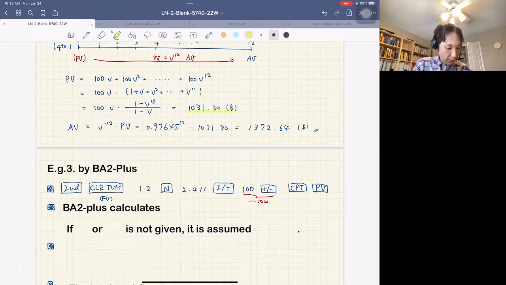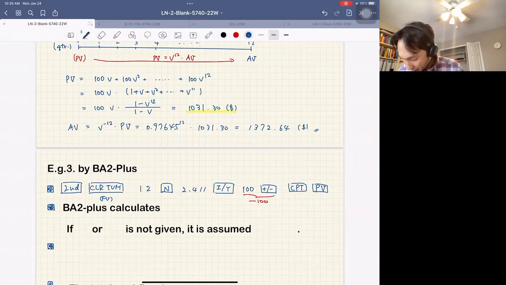I can try that. Okay, so 12 N, 2.411 I over Y, 100 minus. Sorry, I'm sorry about that. We have to put the payment. So this is payment.